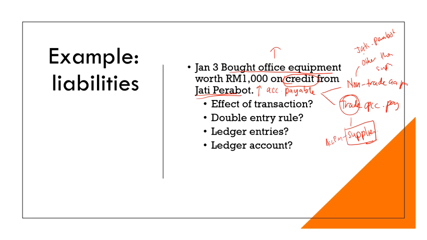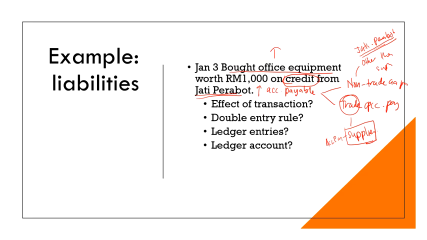Kalau non-trade account payable, tulis nama dia sahaja, Jati Prabut. So I tahu bila you tulis nama je, maksudnya dia ialah non-trade account payable, bukan supplier. Kalau you tulis account payable, I tahu, oh, this is your supplier.